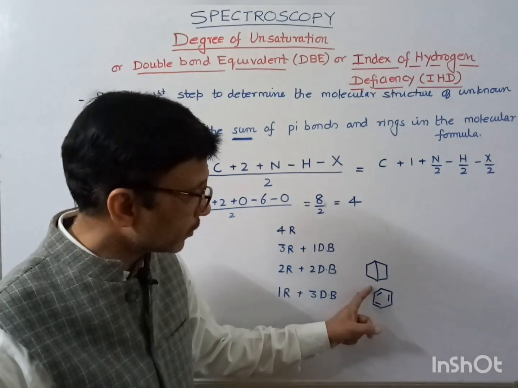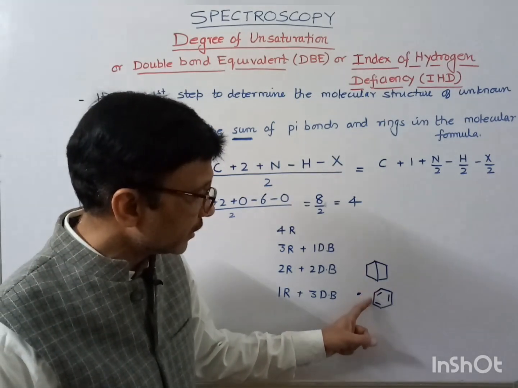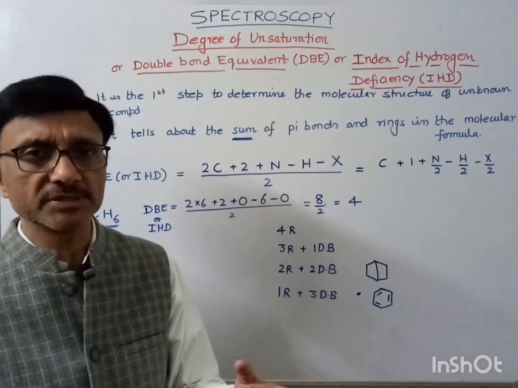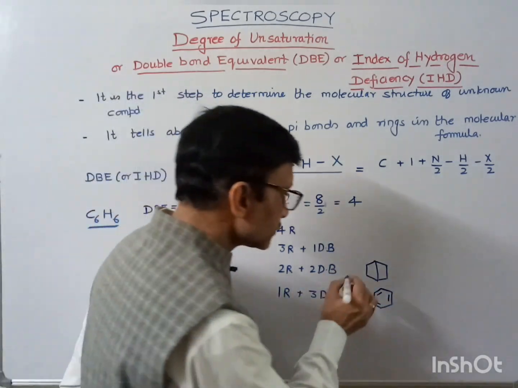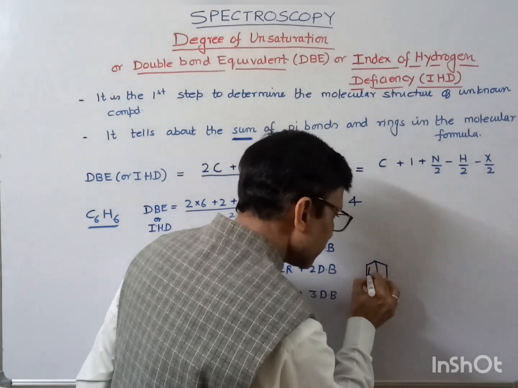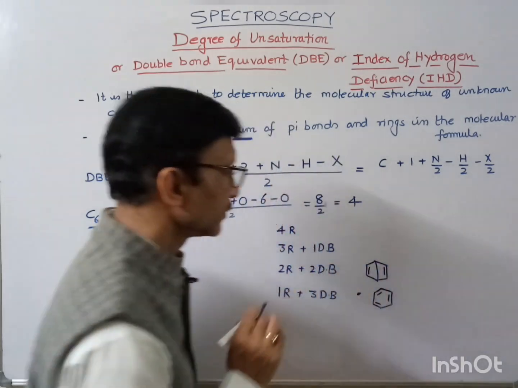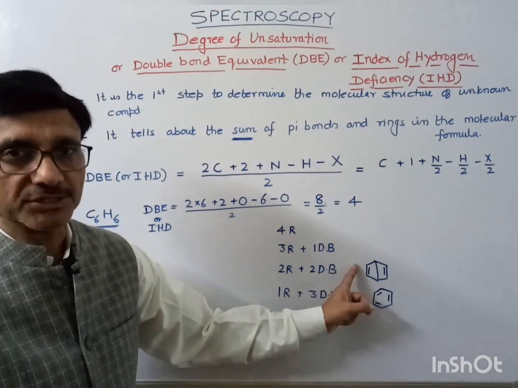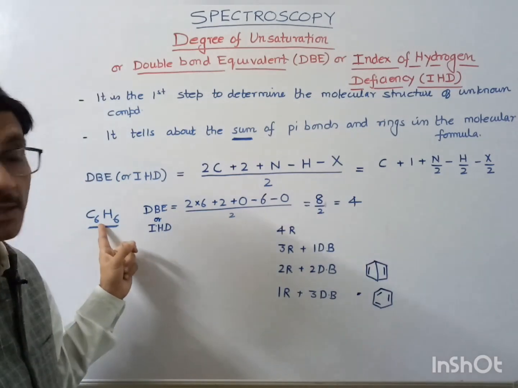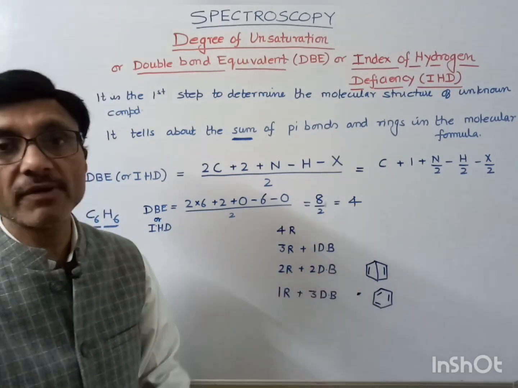Total bonds: 6 single bonds and 3 double bonds, so 9 bonds are present. Here also, if you see, 7 bonds, 8 bonds and 9 bonds. So this is the Dewar benzene. This C6H6 may also correspond to the Dewar benzene.